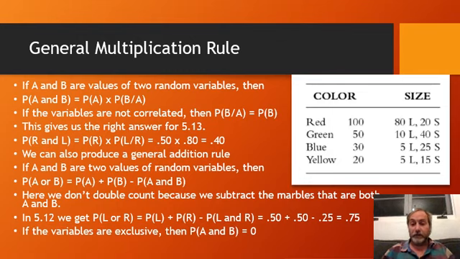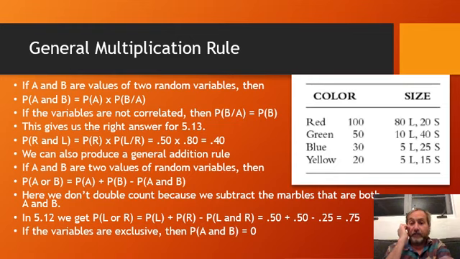But here we can also use the more general calculation and run that number. The probability of red and large in this population, where there is a correlation, is the probability of red times the probability of the marble being large given that it's red. We can look at the chart to figure out that conditional probability.